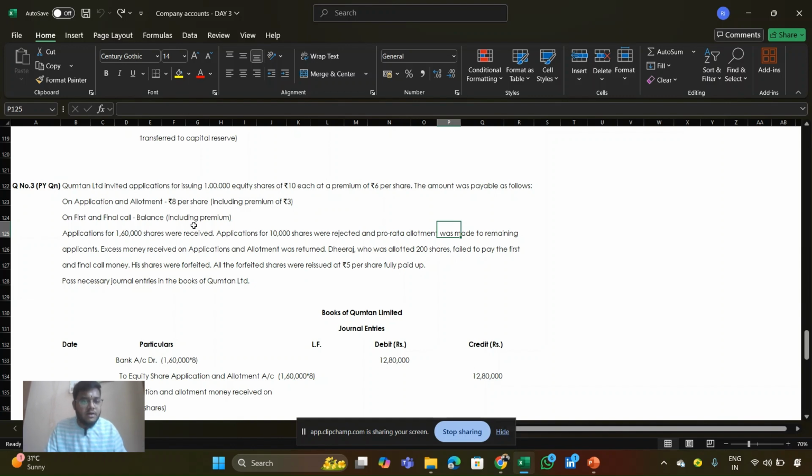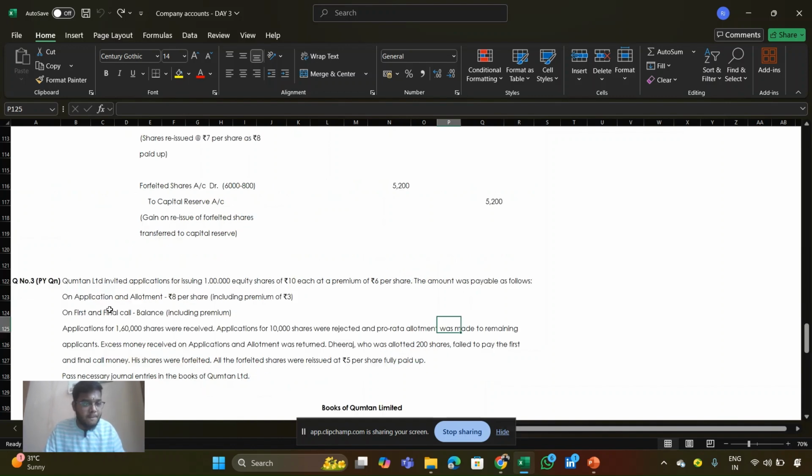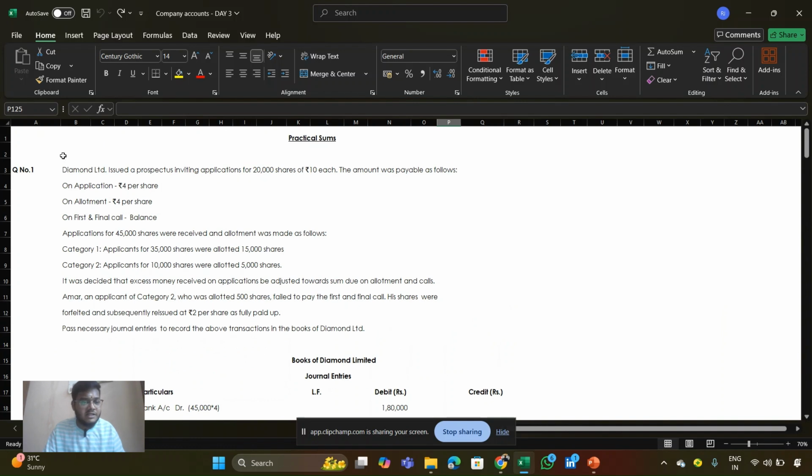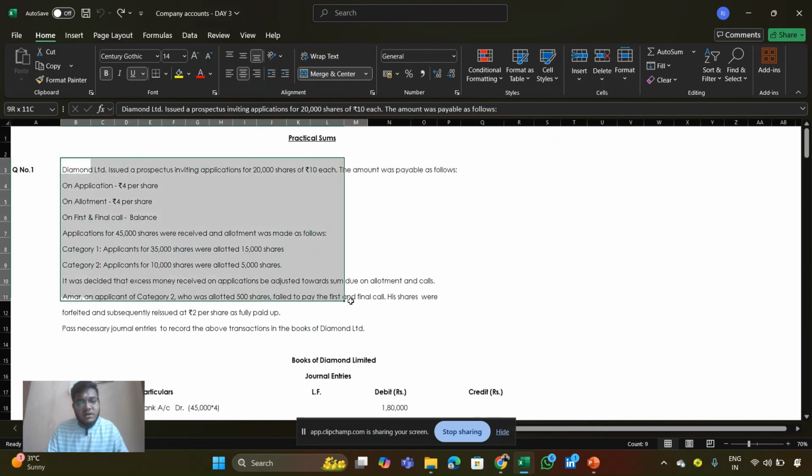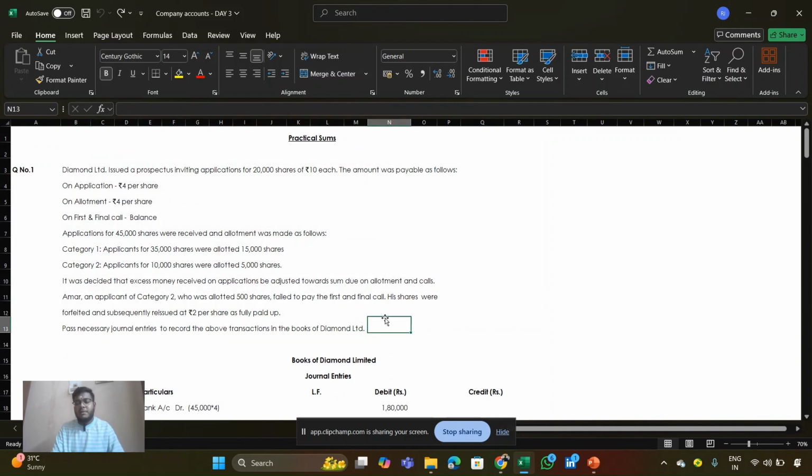Next is a 6 mark sum. I'll tell you. See, this sum also is important. In the public exam, they are asking two sums in share capital. Okay.